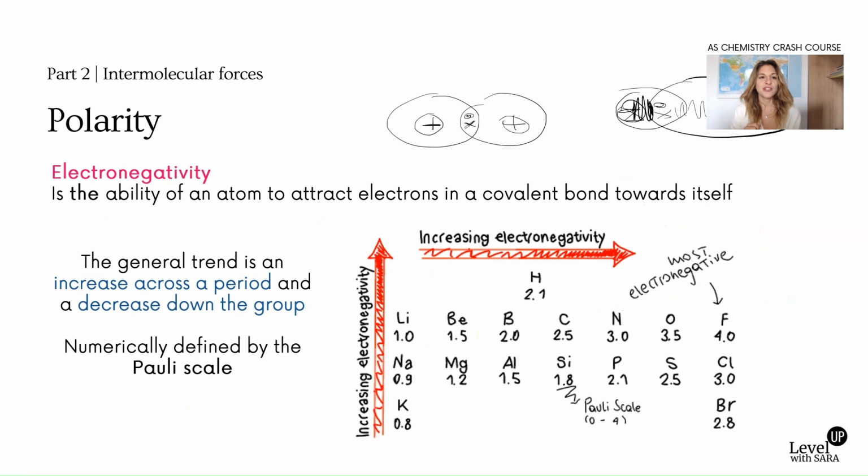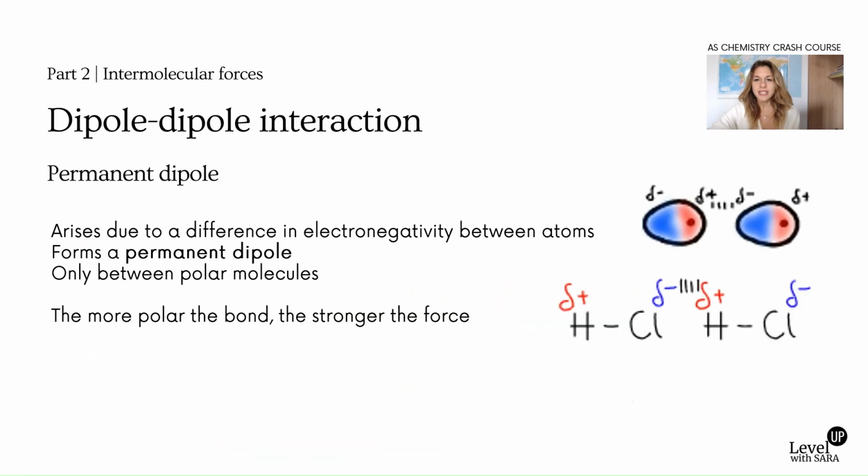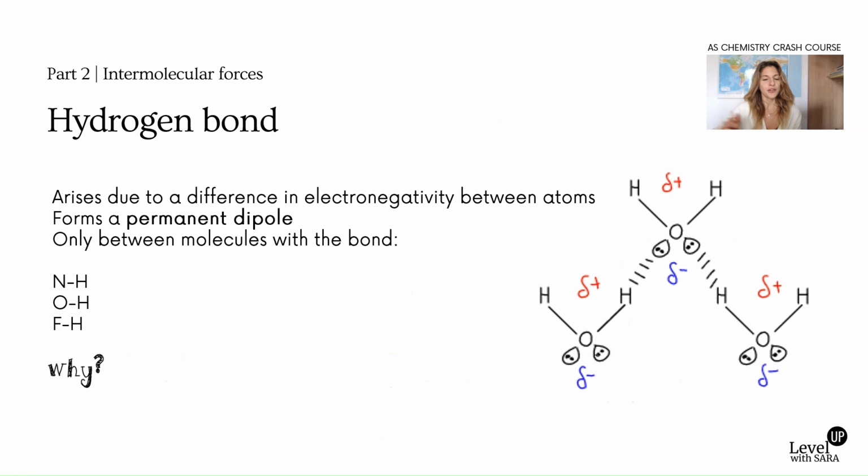notice that nitrogen, oxygen, and fluorine are right at the top of the periodic table, where the electronegativity is the highest. So nitrogen, oxygen, and fluorine are the most electronegative elements, and hydrogen is one of the least, which means that the dipole will be so different that this will have a bigger impact on the properties of the molecule. Be familiar with how to draw the hydrogen bond.